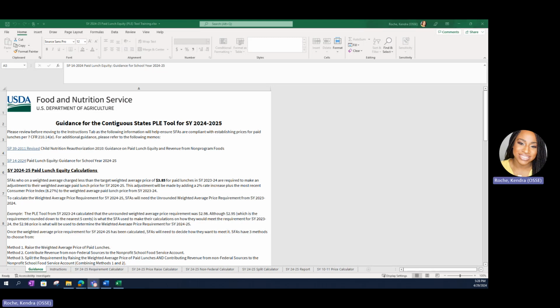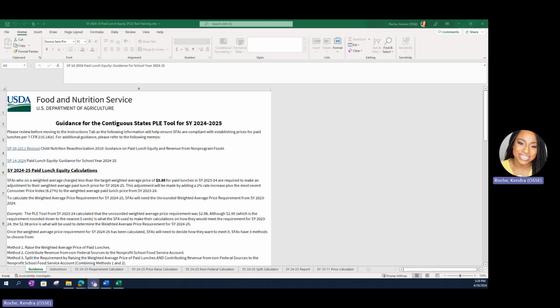SFAs that had a negative balance in their nonprofit school food service account as of June 30th, 2023, must follow PLE requirements according to 7 CFR 210.14(e) when establishing their paid lunch prices for school year 2024-25. SFAs may use the 2024-25 school year PLE tool or an equivalent procedure to determine their required paid lunch prices.